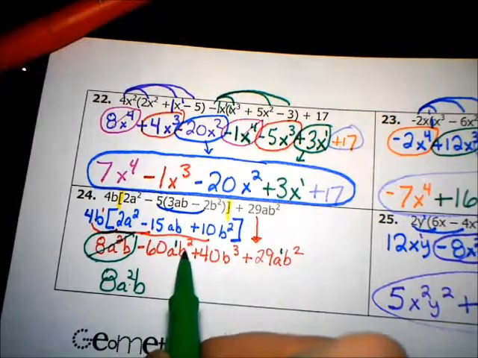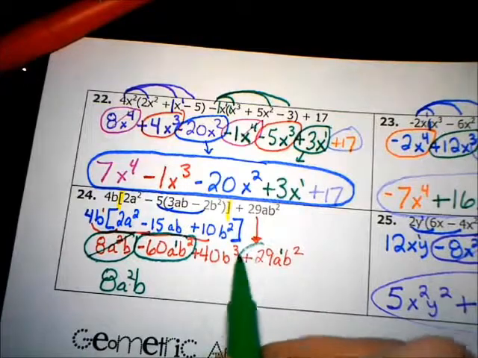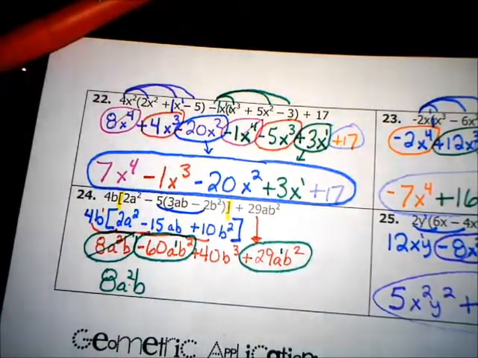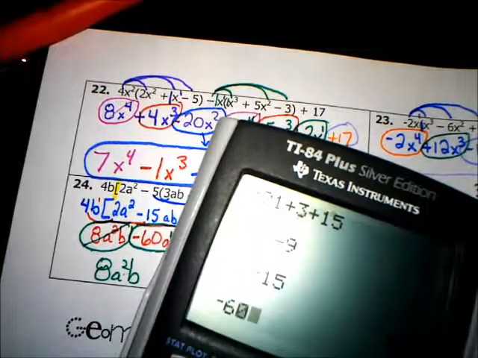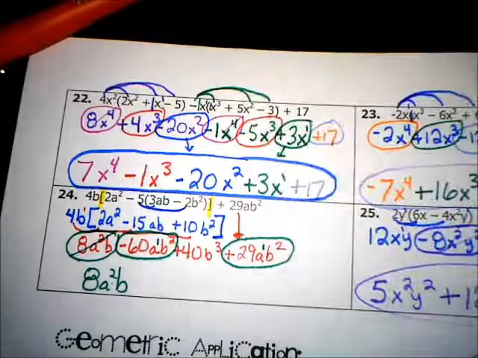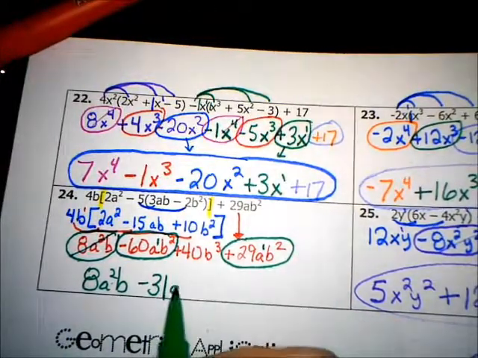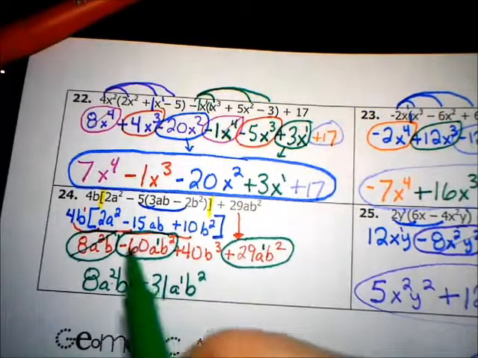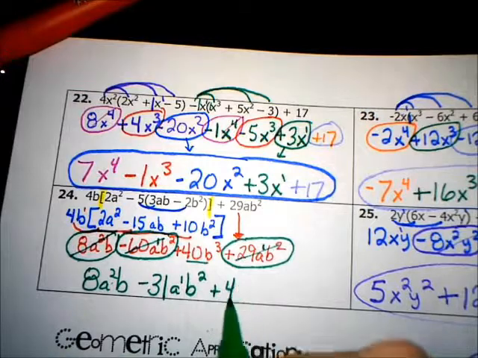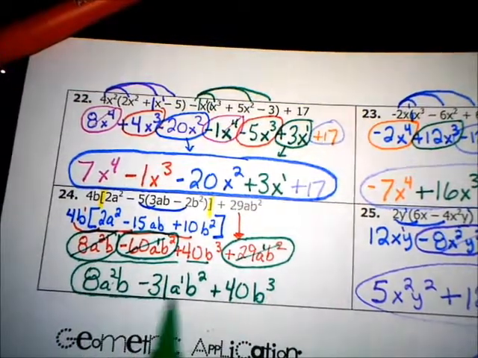Notice your b's are the same. Since they're the same, now I can combine those guys. So negative 60 plus 29. That gives me negative 31. And that would be an a to the 1 and a b squared. So now that one's gone. And what's left is the 40b to the third. And there is your answer.